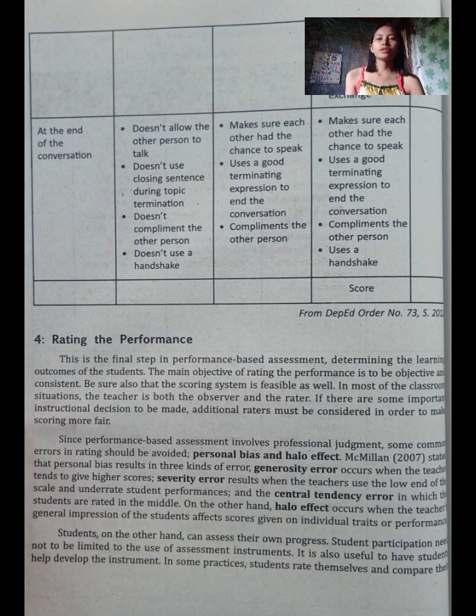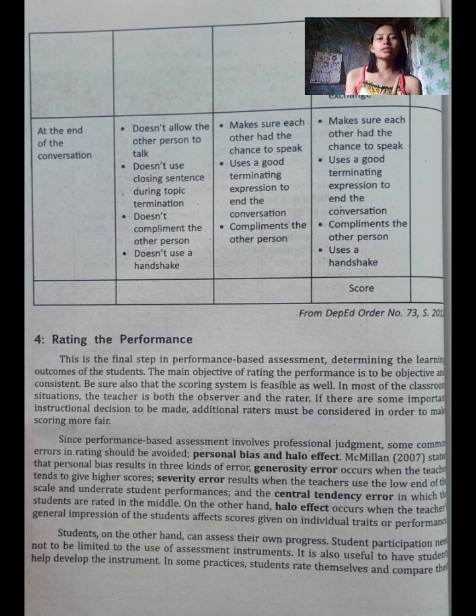Some common errors in rating should be avoided, for example, personal bias and halo effect. Of course, in rating the performance, we should avoid personal bias and halo effect. Macmillan in 2007 stated that personal bias results in three kinds of error.